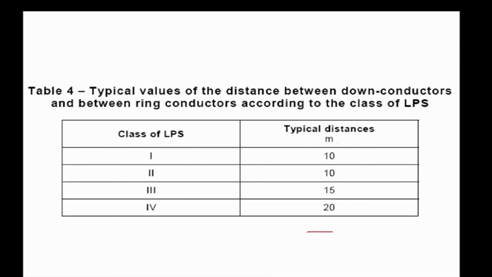Now, there is no hard and fast rule that you need to put these 5 down conductors exactly at 20 meter separation. That will put you into a lot of problems, because if you start from a nice plain wall, you will find that one down conductor will go across a window, another across a door, and that will be a mess.